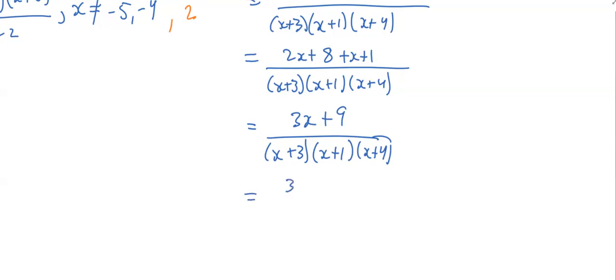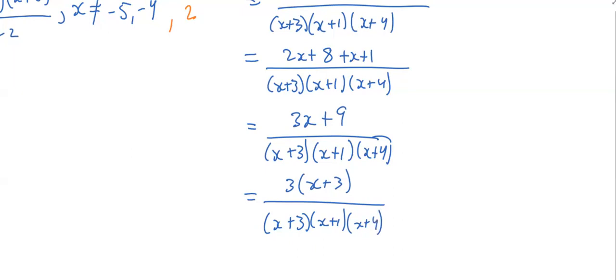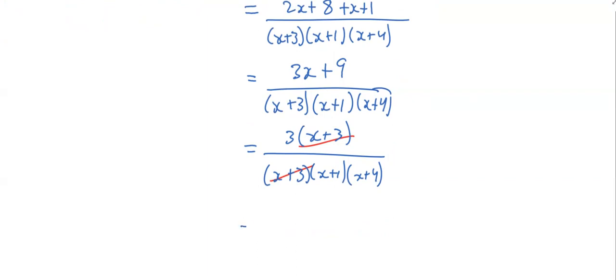But it's because, look, we can simplify this even further. So this actually equals 3 over x plus 1, x plus 4, as long as x doesn't equal -3.